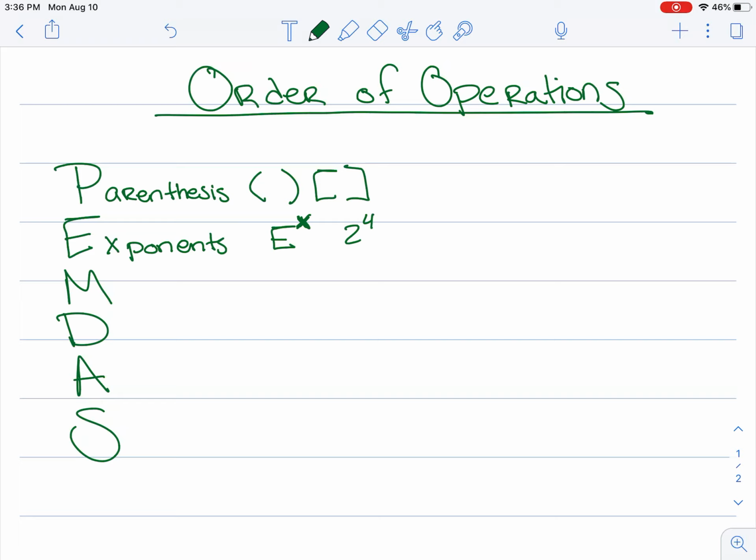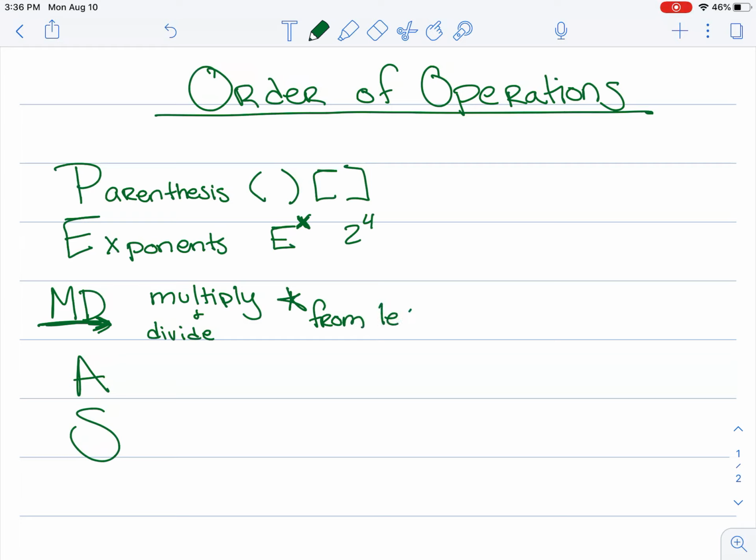Then we have the M and the D. And I actually like to write my M and D side by side with an arrow underneath, because this is multiply and divide, and it's got a caveat rule.